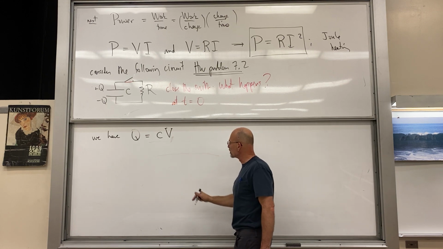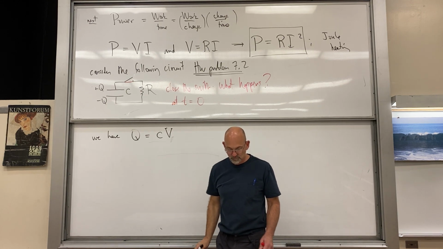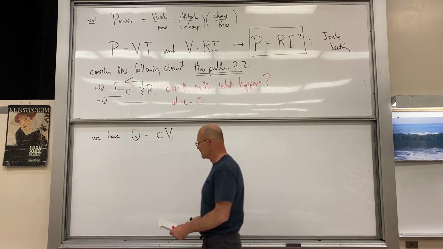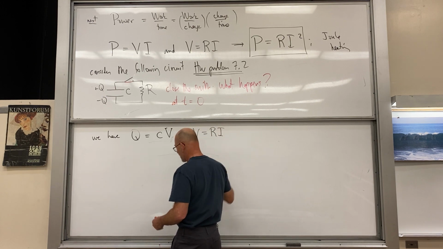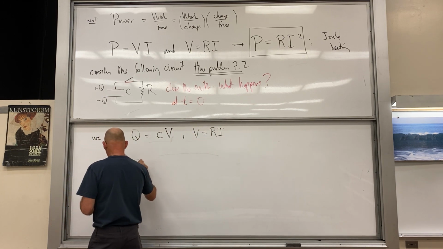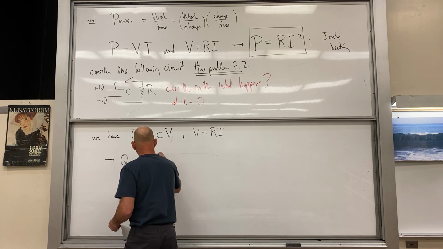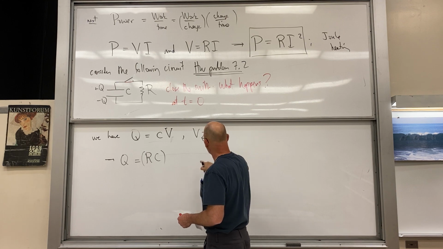But yeah, that's the full charge in the original voltage across the capacitor. And we have V equals Ri, so we'll make a substitution. Q equals R times C, those are our two constants of the problem, times the current.